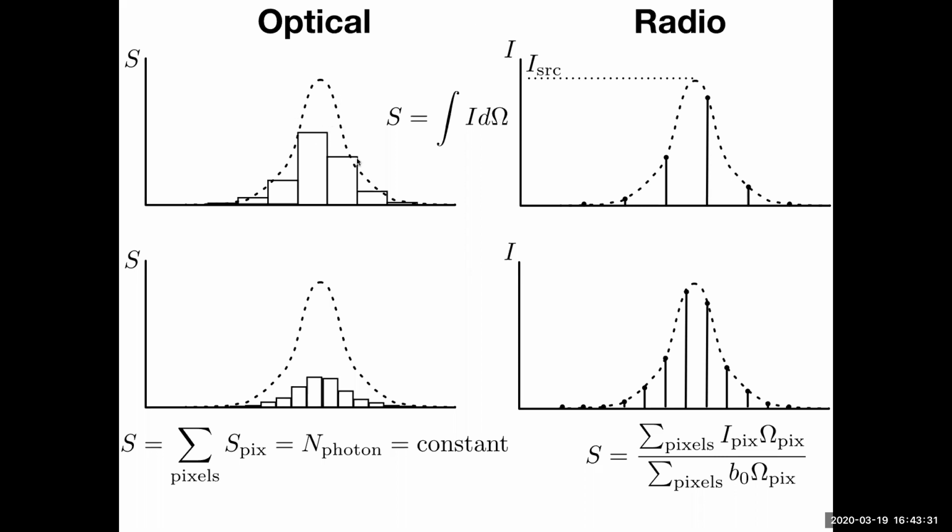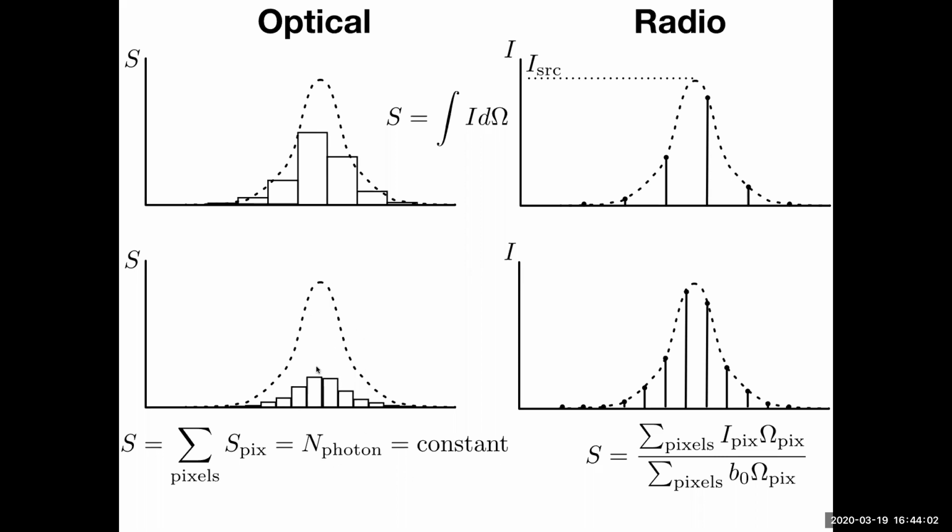I thought I'd consider in this case an unresolved source, a source that's very compact, and it's being broadened by your synthesized beam or the point spread function of your optical telescope. In the case of an optical image, if you add up over the whole source, you get the number of photons coming from the source. It doesn't really matter how it's distributed, but it's going to be basically constant.